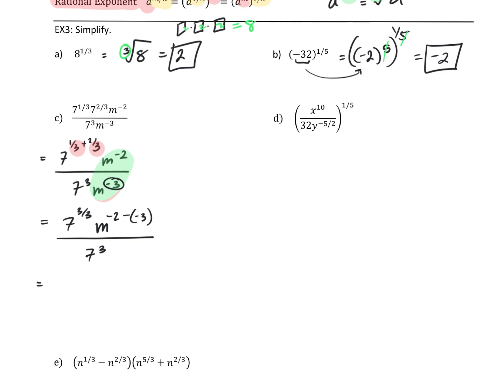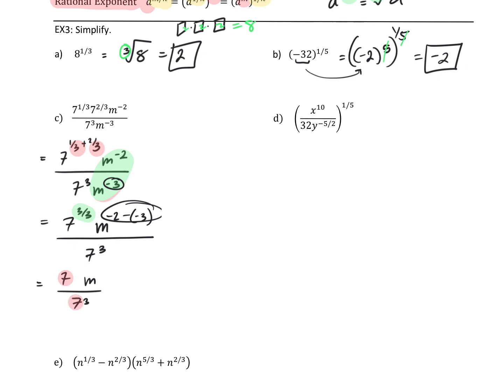All right, let's do some more simplifying. 7 to the 3/3 power is going to be the same as 7 to the 1 power, because the 3/3 simplify. And then these simplify out to m to the first power, because that's -2 plus 3. And on the bottom, we still have that 7 to the third power. Can we simplify anything else? We can. We still have two base 7s.